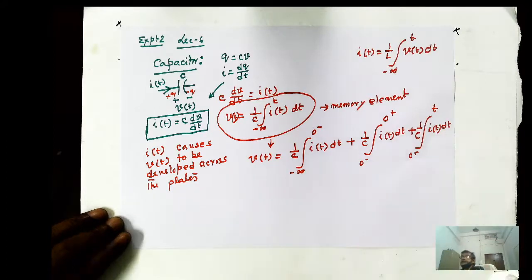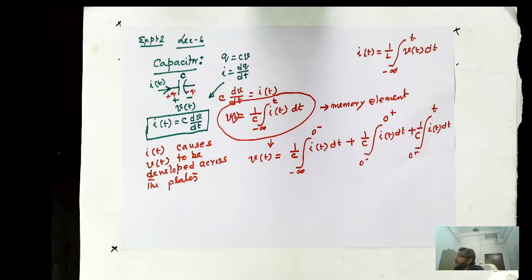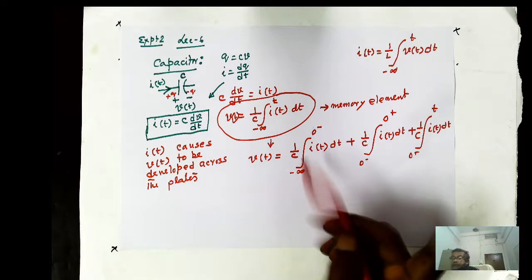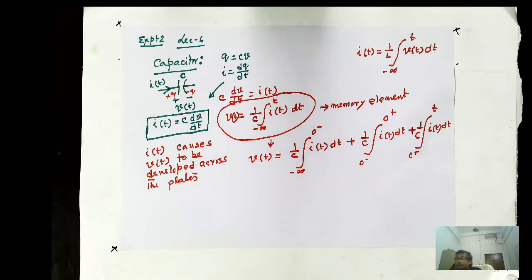To develop voltage across the plates of a capacitor, what do you have to spend? There, you spend volt-seconds. Here you have to spend ampere-seconds. You have to apply some amperes over a certain time, then only will some charge be accumulated on the plates of the capacitor. You understand that?